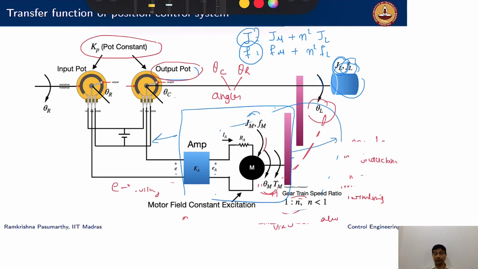Then the overall transfer function was derived using the formulas for systems in cascade, systems in feedback, and so on. This example is a beautiful example from the book by Nagrath and Gopal, a pretty famous book on control systems.